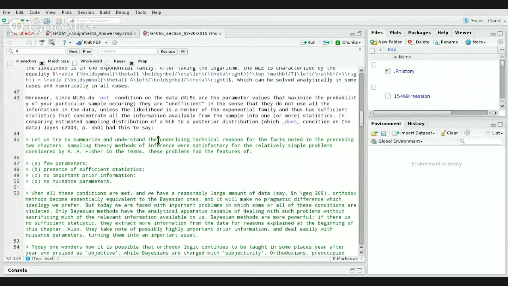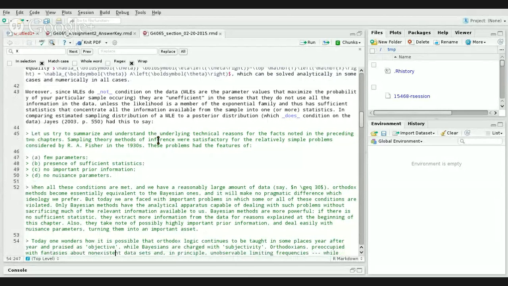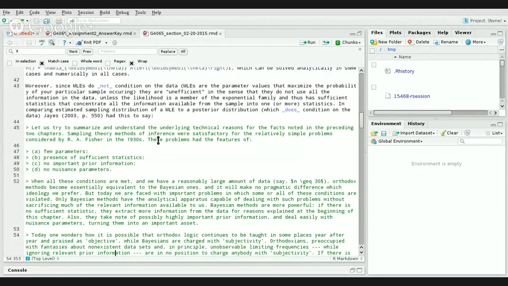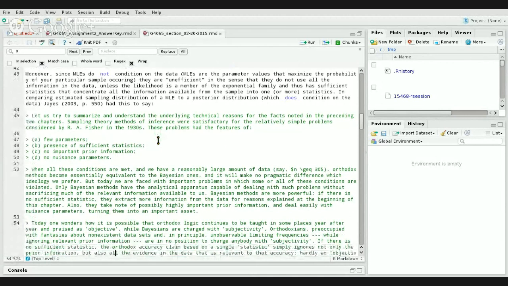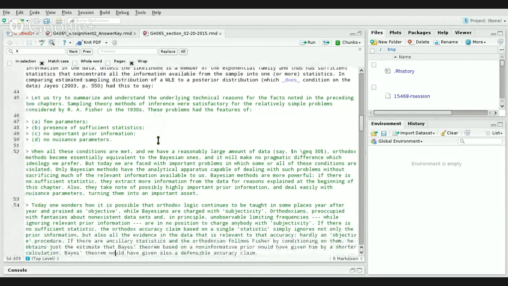And that really bothers Jaynes, that he was criticized as being subjective by frequentists who thought of themselves as being objective, but the objective frequentists are not even using all the information that they have in the data if the likelihood is not one of these that has sufficient statistics in it.